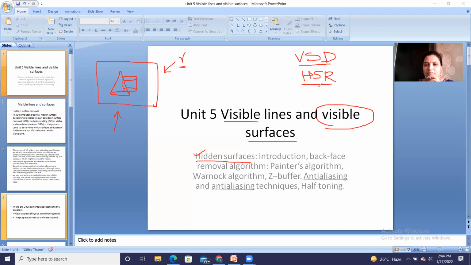Yes, to avoid confusion between two surfaces. Yes, it can be there. If the surfaces are overlapping, then with respect to the viewer, you can classify or separate out which object is in front and which is at the back. That is one use. And the second important use is in case of memory requirement.